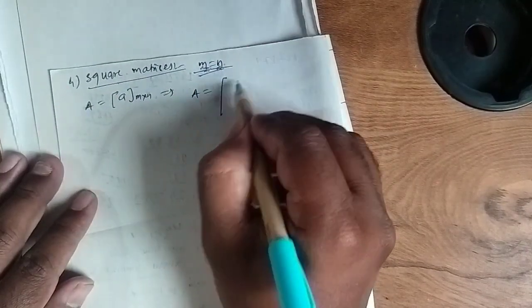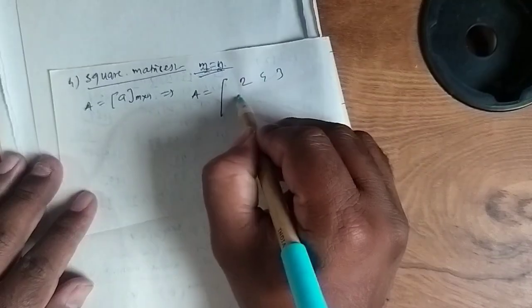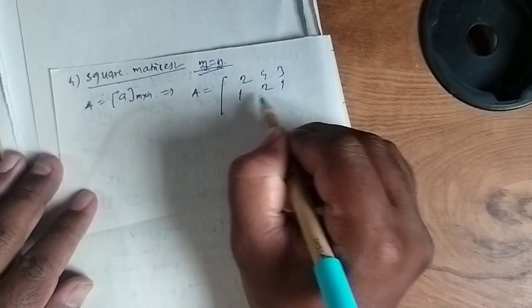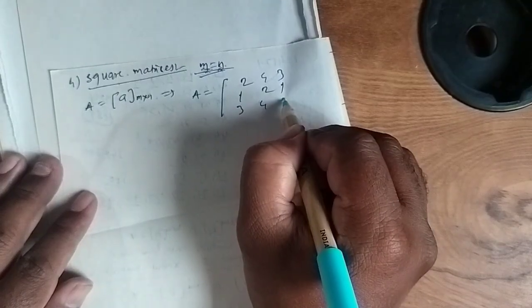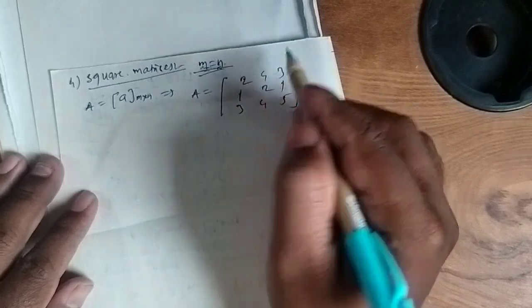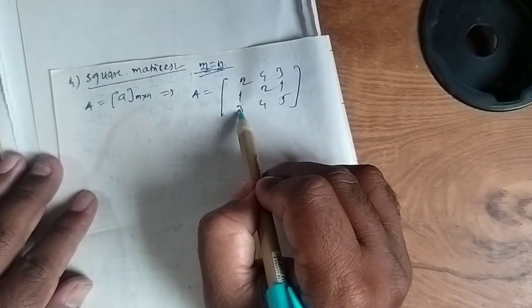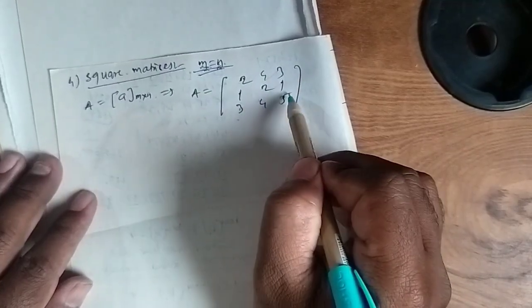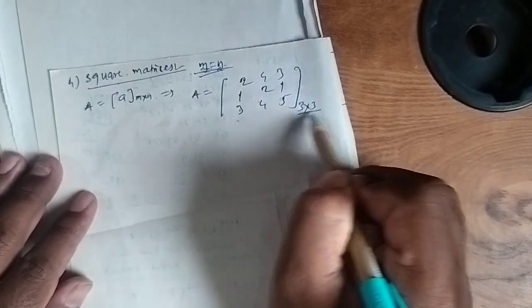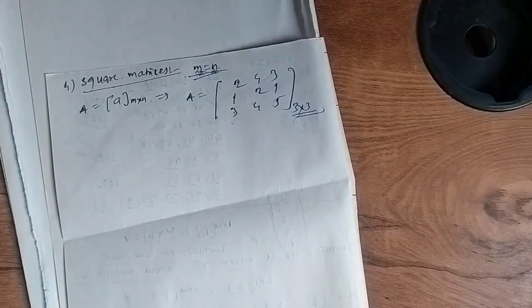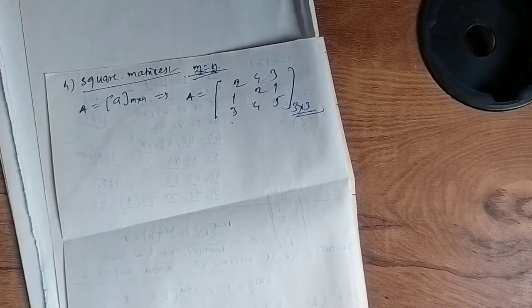A is equal to 2, 4, 3, 1, 2, 1, 3, 4, 5. Here we count the rows 1, 2, 3: horizontal rows 3 and vertical columns 3. So 3 by 3, 4 by 4, 5 by 5 matrices are called square matrices.